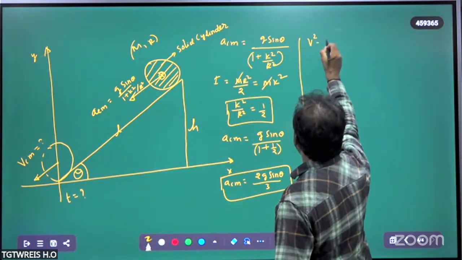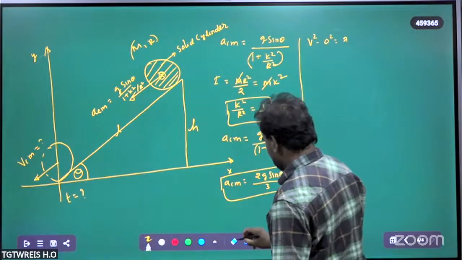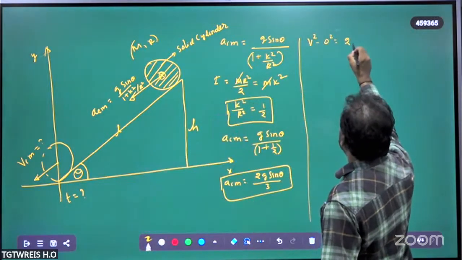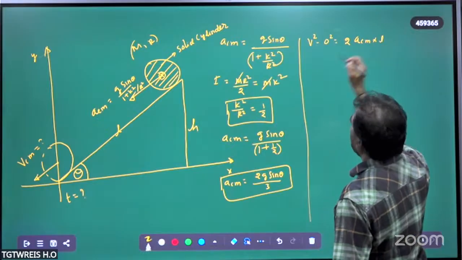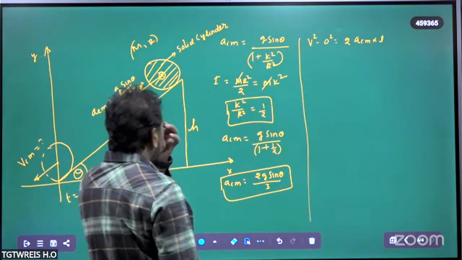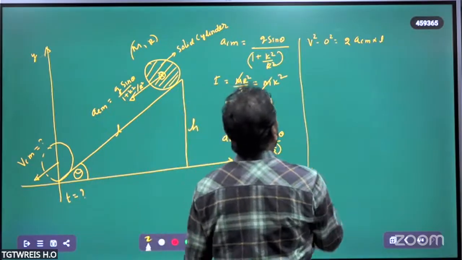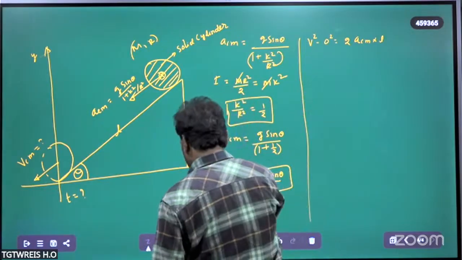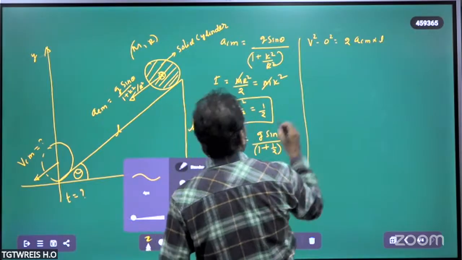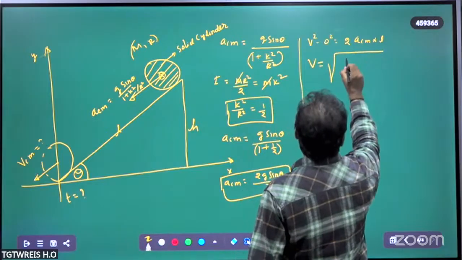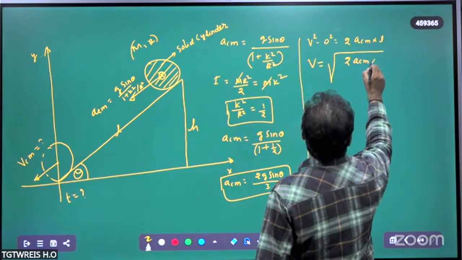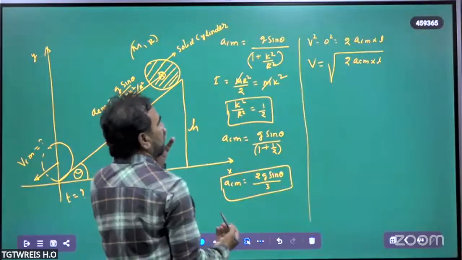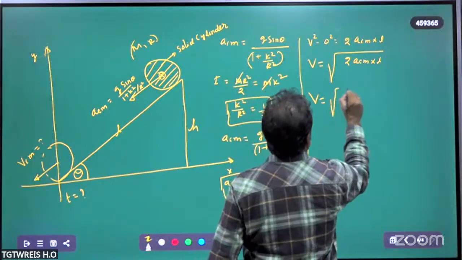So v square minus 0 square is equal to 2 into a_cm into L, where L was the length given. Therefore v is equal to the square root of 2 a_cm L. The value of a_cm is 2g sin theta upon 3, already known. Substituting this value here, v is equal to the square root of 2 into 2g sin theta upon 3 into L.